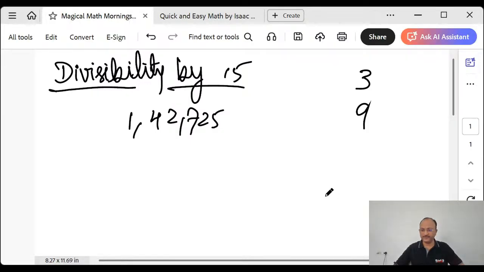We'll be checking with 15 written as 3 into 5. With 5, definitely yes, because the last digit is 5. With 3 you check, yes, it is divisible by 3 also, therefore it is yes. Correct?